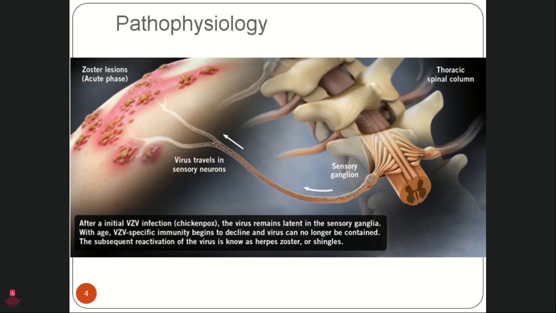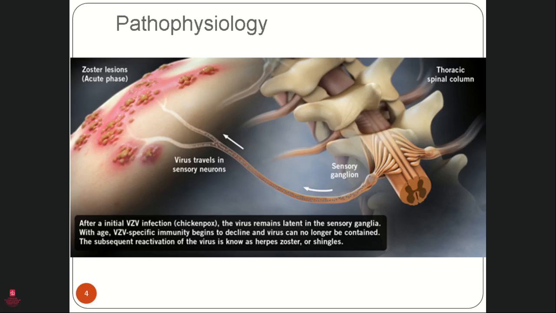Viral replication takes place in regional lymph nodes over the next 4 days. 4 to 6 days later, a primary viremia spreads the virus to reticuloendothelial cells in the spleen, liver, and elsewhere.